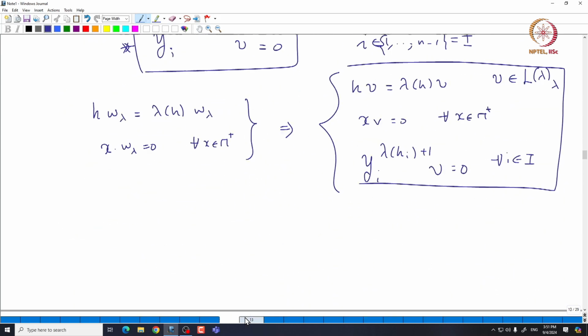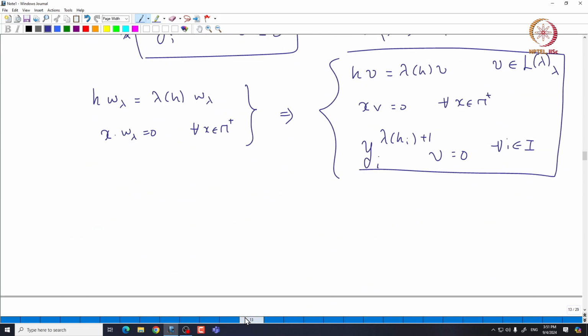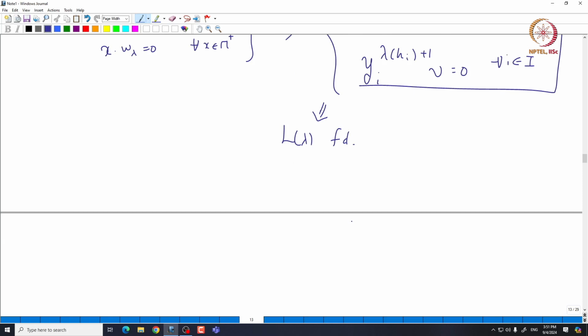A similar proof will tell you that, with these relations, L of lambda is finite dimensional. Now, L of lambda being a highest weight representation and finite dimensional, using complete reducibility you can easily see that L of lambda can be written as a direct sum of irreducible representations. So, L of lambda is M_1 direct sum etcetera direct sum M_k, where the M_i's are all irreducible.